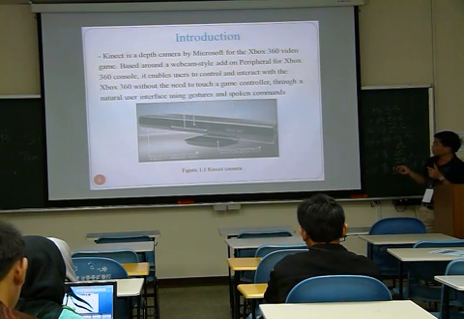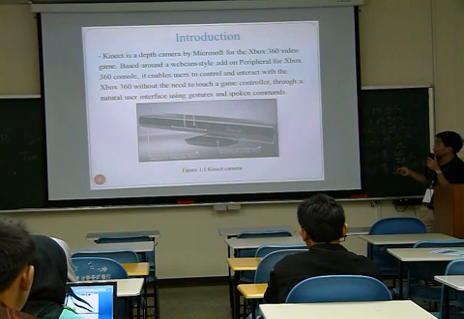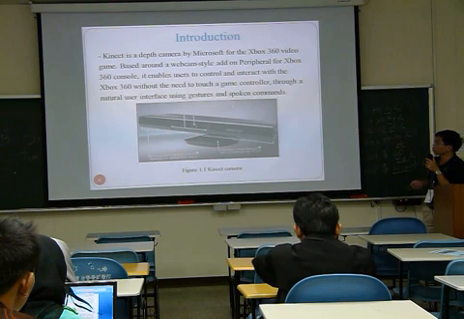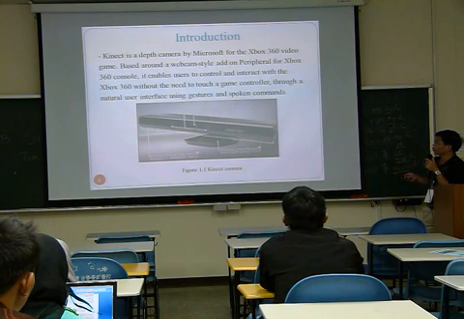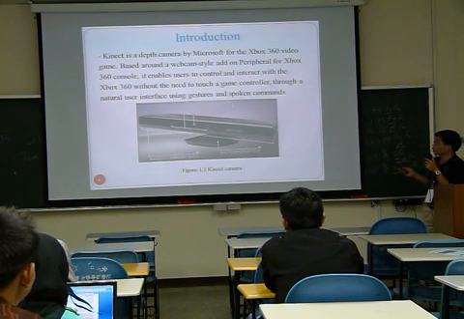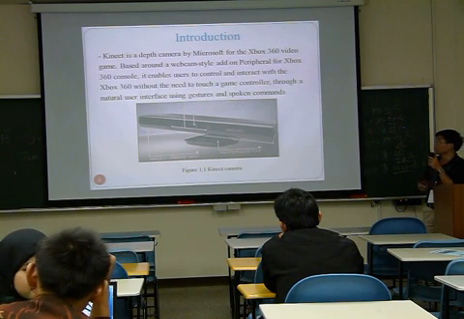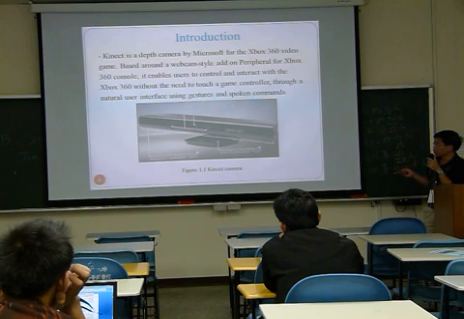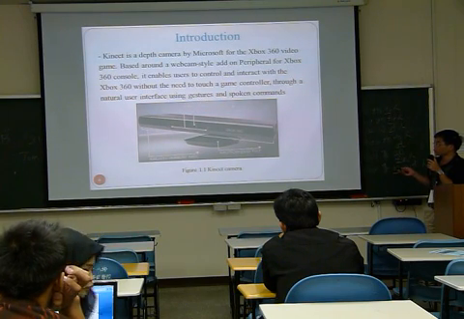The Kinect is a depth camera by Microsoft for the Xbox 360 game console, based around a webcam-style add-on peripheral for the Xbox 360. It enables users to control and interact with the Xbox 360 without the need to touch a game controller, through a natural user interface using gestures and spoken commands.